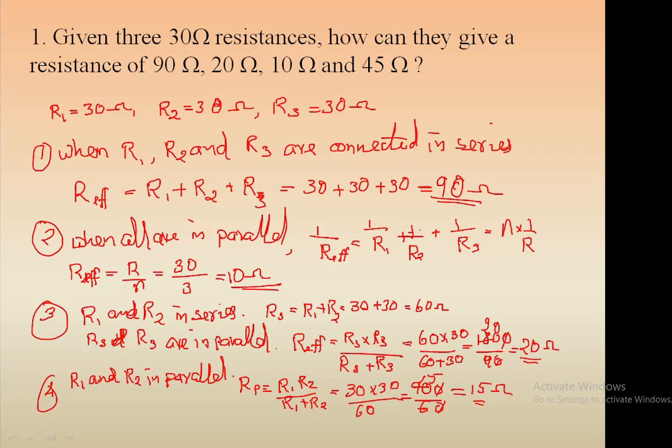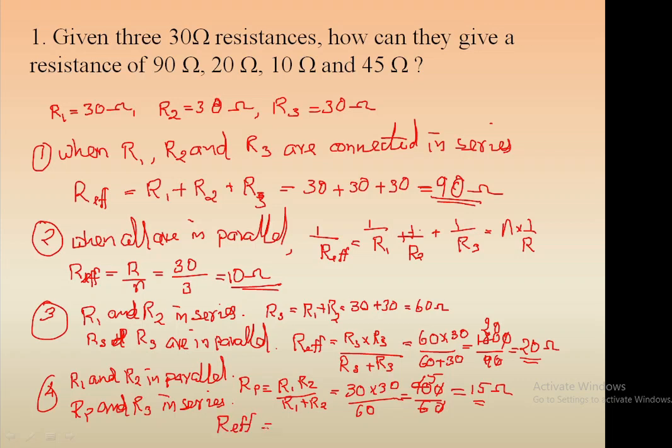So let us connect this combination in series with the third one. Here Rp and R3 are connected in series. Then what is the effective resistance?